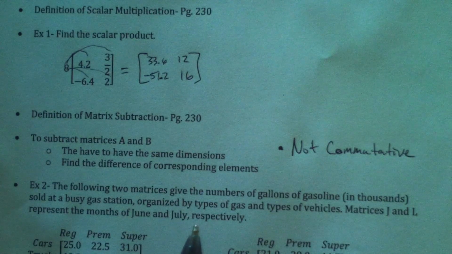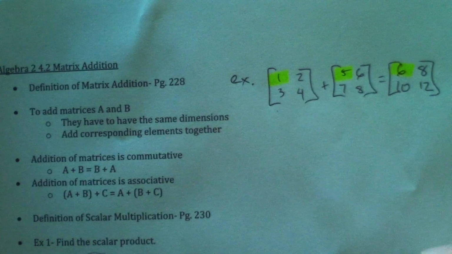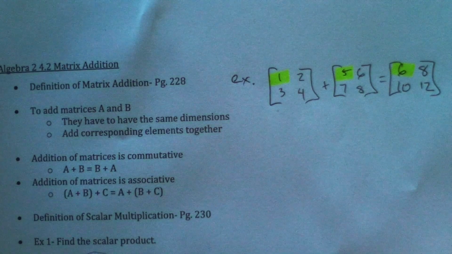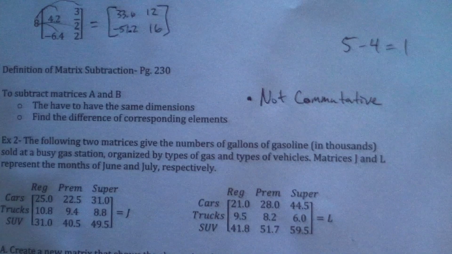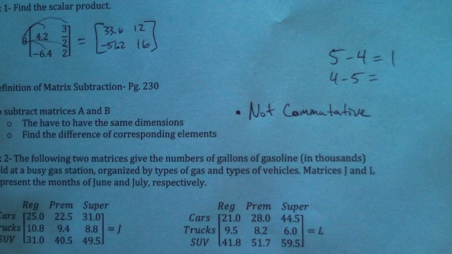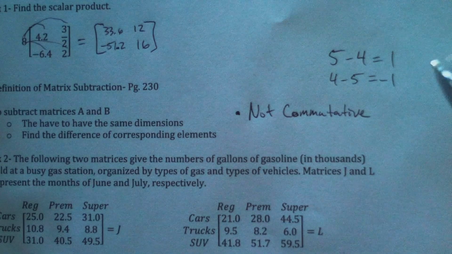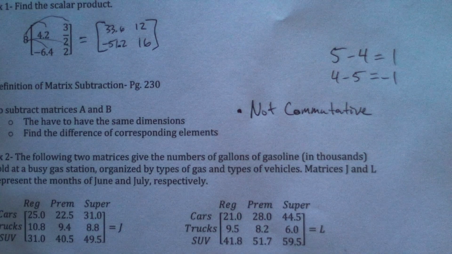Okay, so it says create a new matrix that shows the change in sales from June to July. How do we find out the change in something, or the difference in something? Subtract, right? So what I'm going to think here is I want to take my current month, July, and take away the June stuff so I can figure out how much it's changed between those 2 months. So I'm going to take my July numbers.